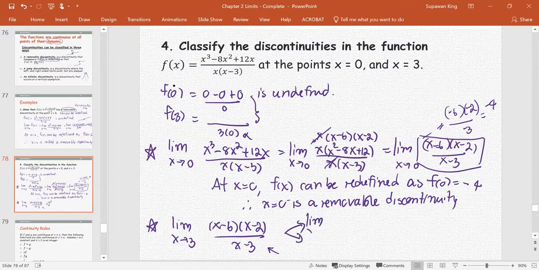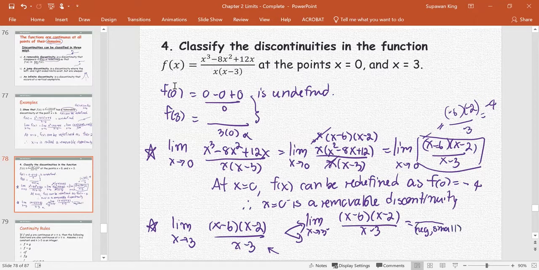The limit as x approaches 3 from the negative side of (x - 6)(x - 2) divided by (x - 3). X approaches 3 from the negative side, which means x is slightly less than 3, for example 2.9999. So subtracting 3, you get a negative quantity, but very, very small.